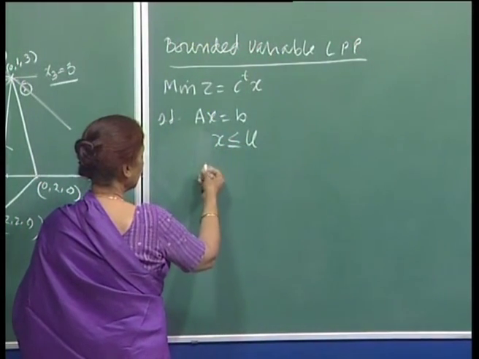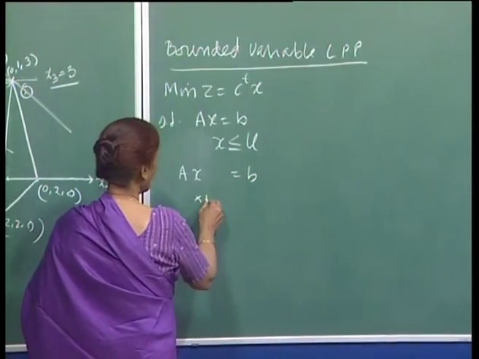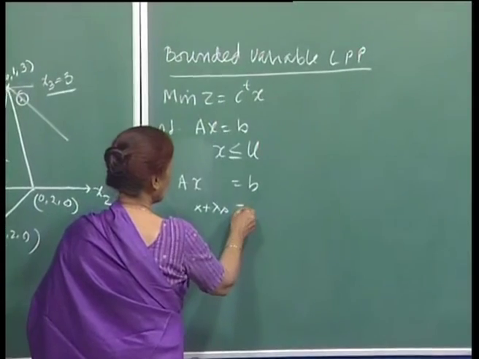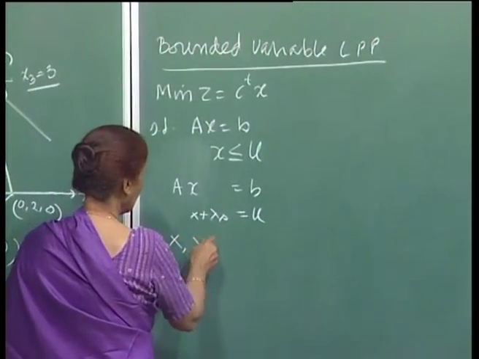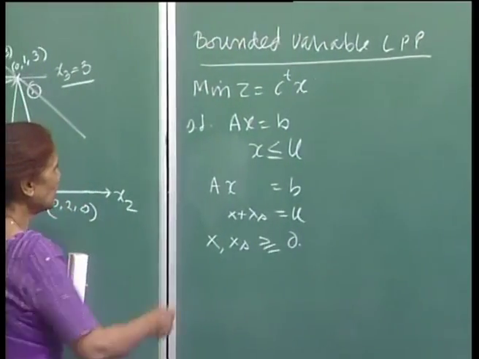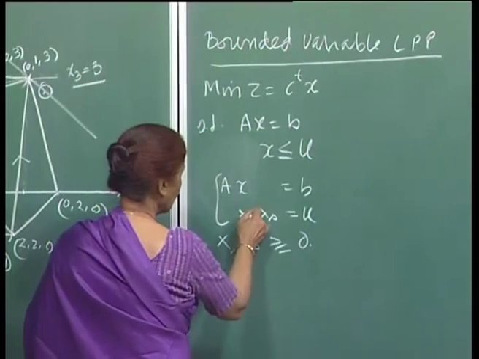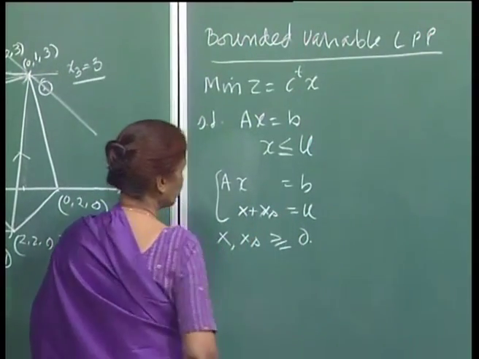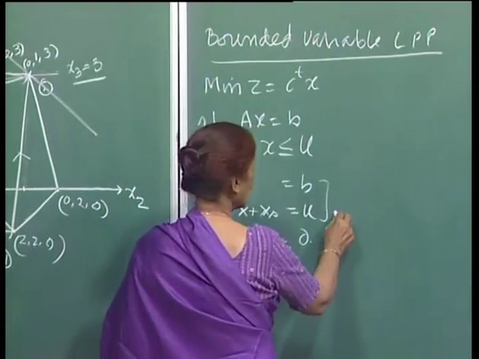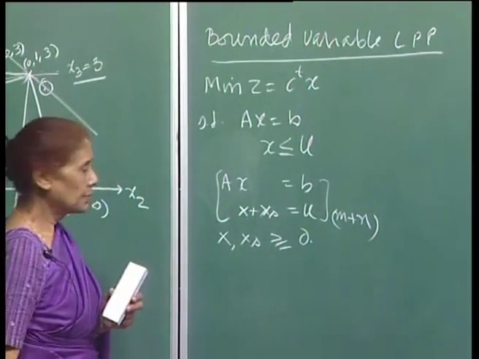Essentially you can rewrite this as Ax equal to b, x plus xs equal to u, where x and xs both are non-negative. So, the constraint set becomes the enlarged constraint set here, but then the number of constraints now is m plus n instead of m, right.